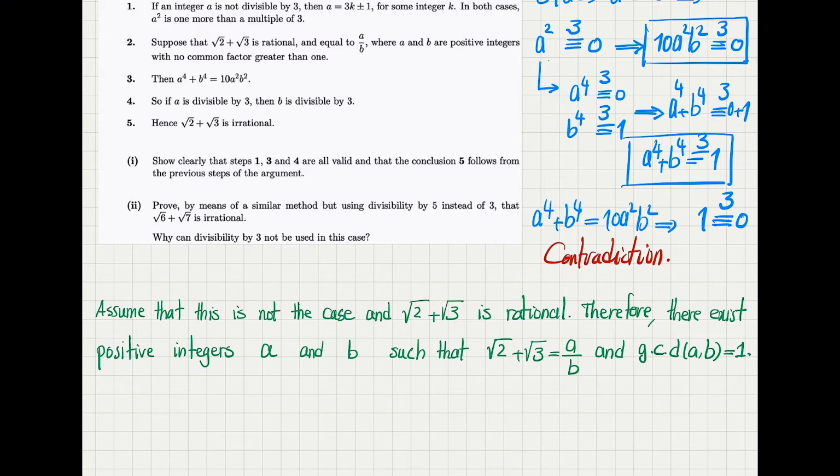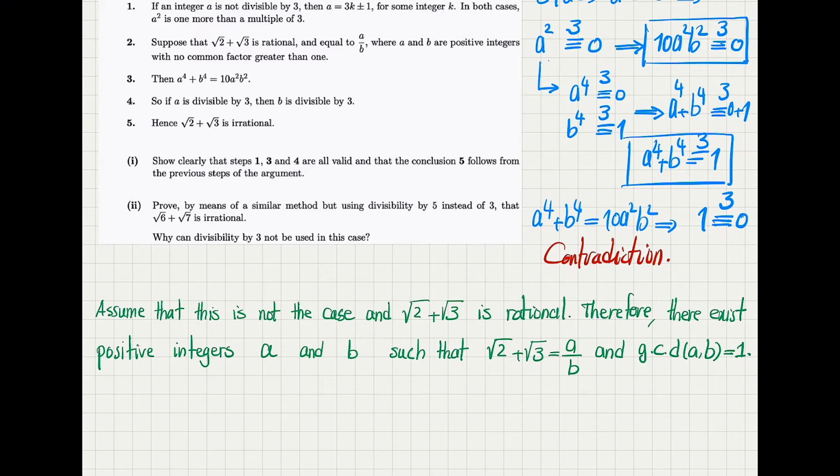So this is not a loss of generality, because when you say that the square root of 2 plus the square root of 3 is a rational number, it means that it can be written as a fraction whose numerator and denominator are integers.